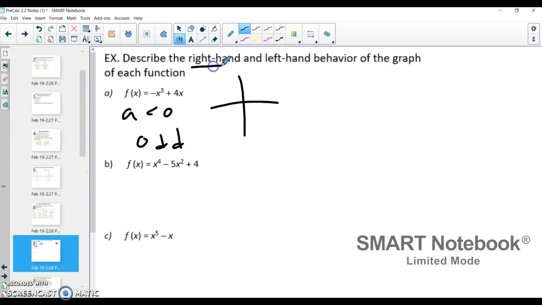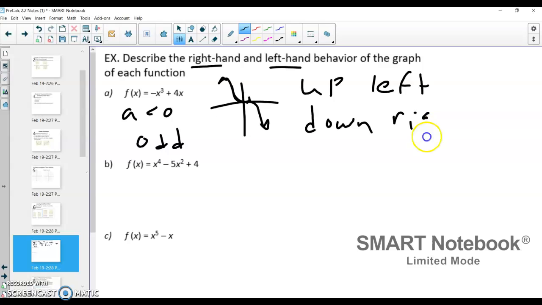It's asking what's happening on the right-hand side and the left-hand side, so we have up on the left, down on the right. That's all I can really tell, just knowing a is less than 0 and it's an odd function because my highest degree is 3, which is odd.